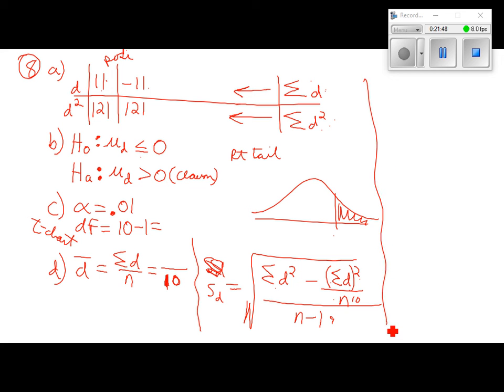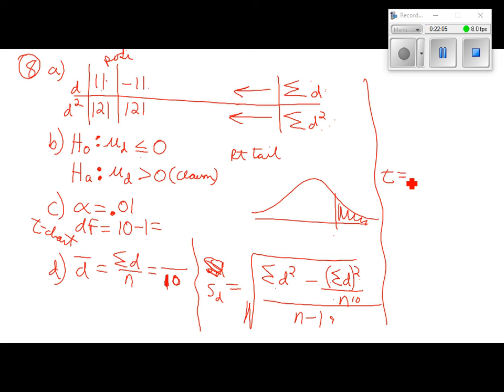I'm going to write this over here on the side, because for part D, you also need to find your T value. And your T value is not very difficult once you find D bar and SD.